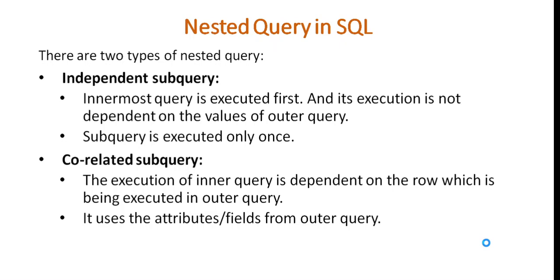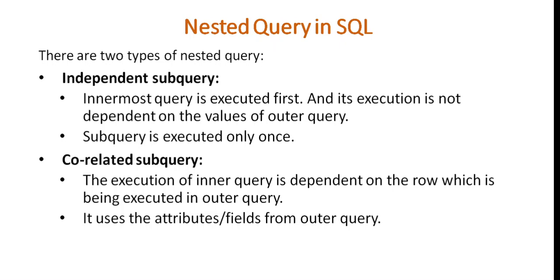Then the next type of subquery is the correlated subquery. In a correlated subquery, the execution of the inner query is dependent on the row which is being executed in the outer query. While writing the outer query and nested query, we list some attributes for selection.